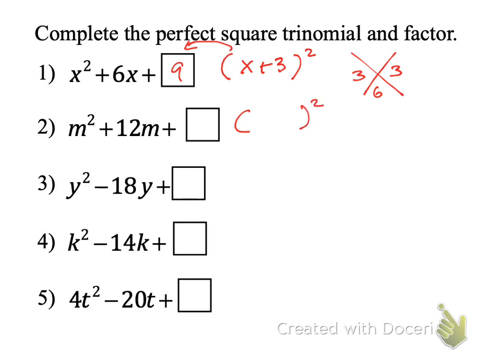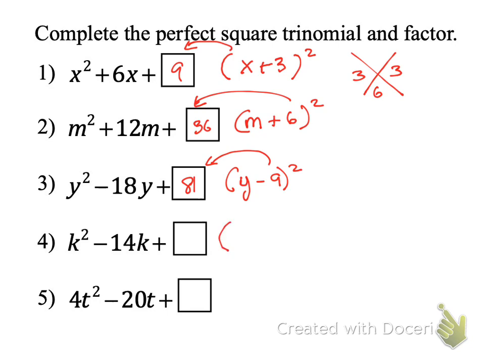What's the binomial that goes in here? m plus 6, and what goes in here? Good. Okay, what's this going to be, Nicole? It's going to be y minus 9 squared. And then what goes in here? It's going to be 81. Yep. Okay, and the next one, let's go, Julia.